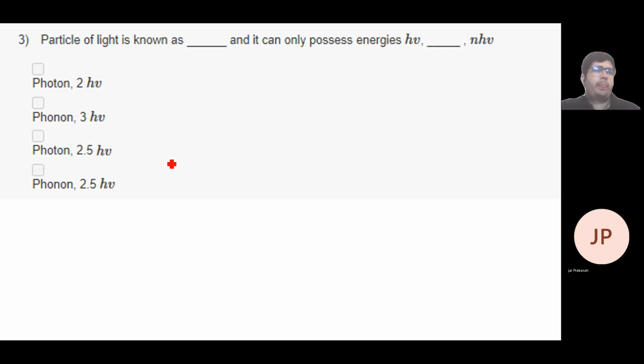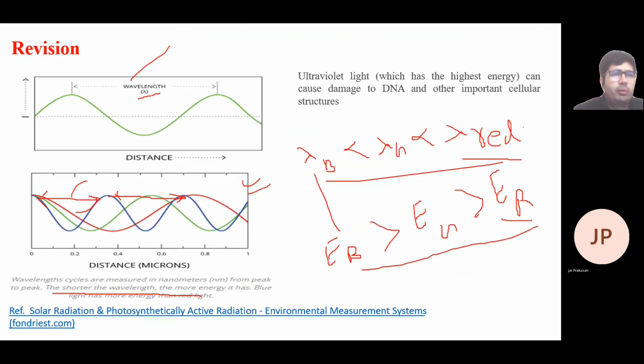Now, question number 3. The particle of light is known as ____, and it can only possess energy ____ h nu. Around 4 to 5 slides back, we covered the photoelectric effect. In that, we concluded the photoelectric effect by 2 statements, and I already mentioned that those statements are very important.